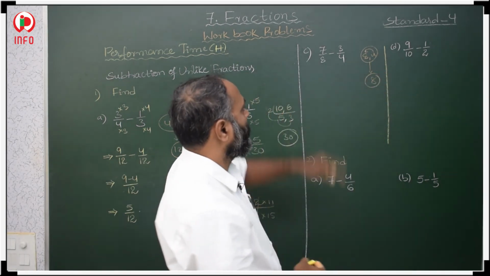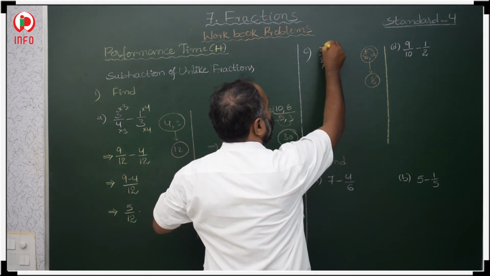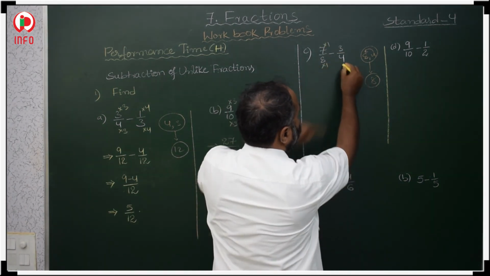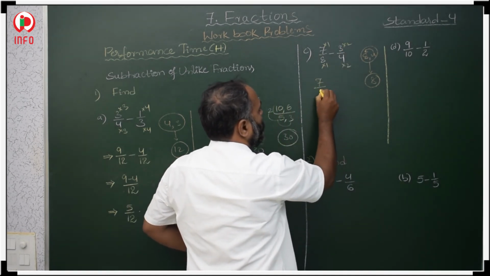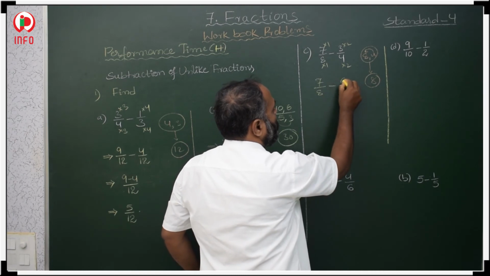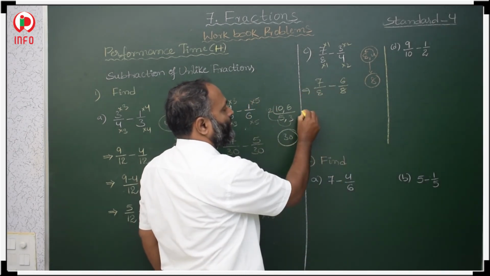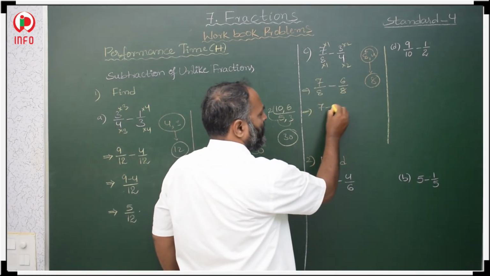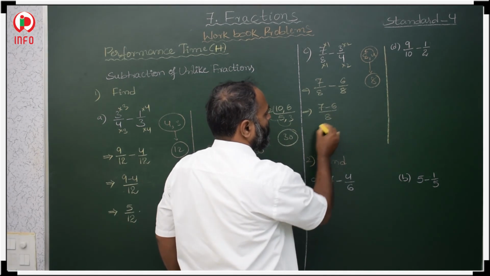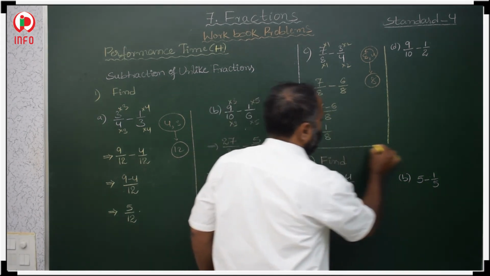Now in the 8 table, when you will get 8, 8 1s are 8. In the 4 table, when you will get 8, 4 2s are 8. 7 1s are 7 by 8 1s are 8, minus 3 2s are 6 by 4 2s are 8. Now these are in like fractions form. Now difference of numerators, 7 minus 6 by common denominator. 7 minus 6 is 1, 1 by 8.